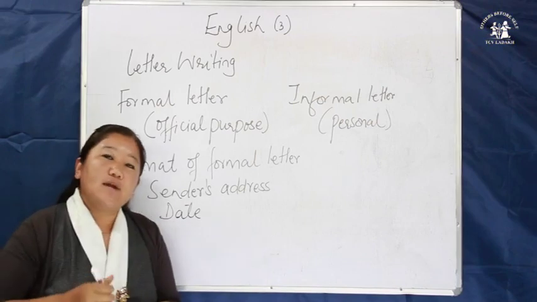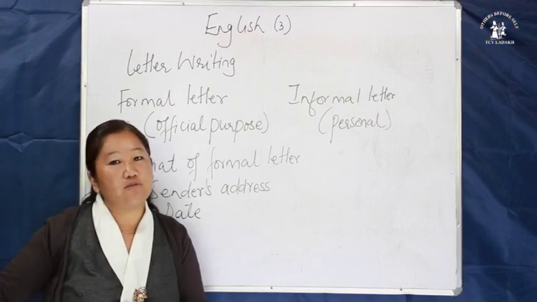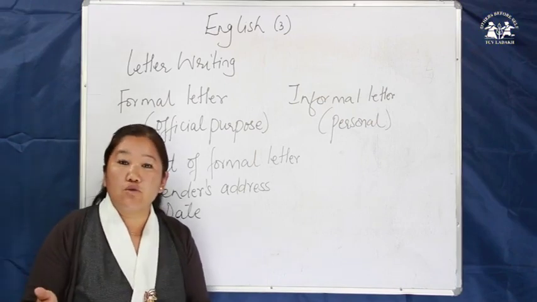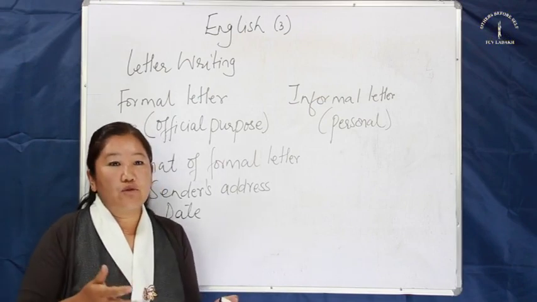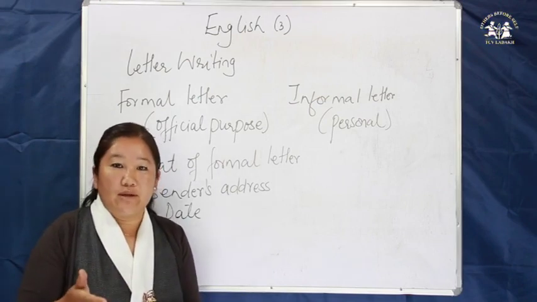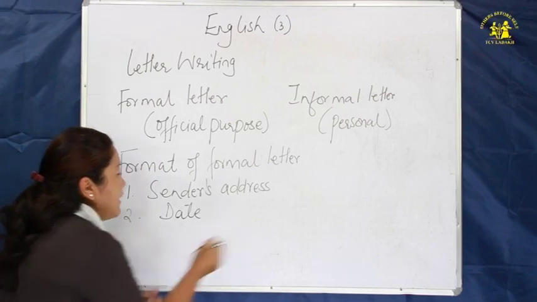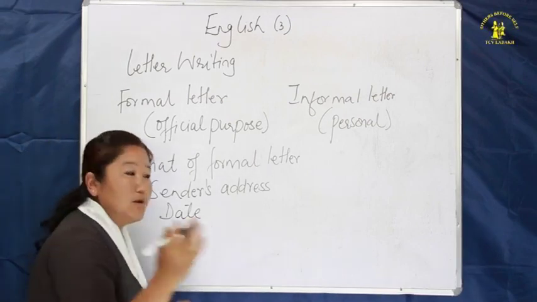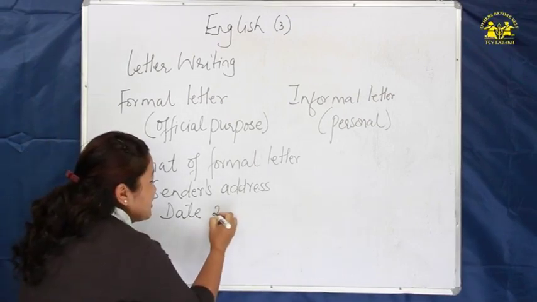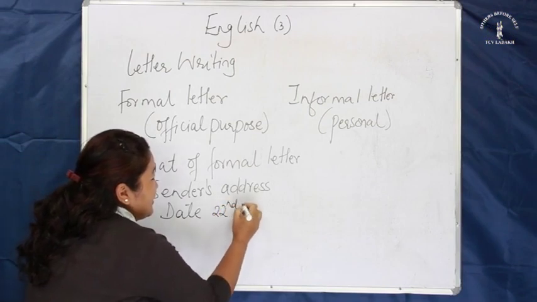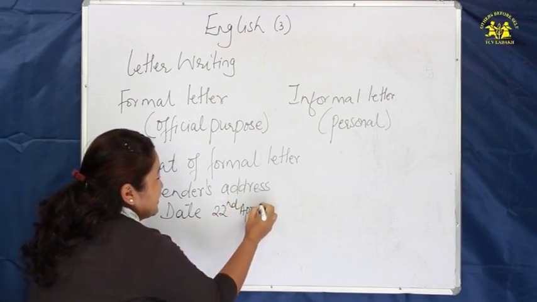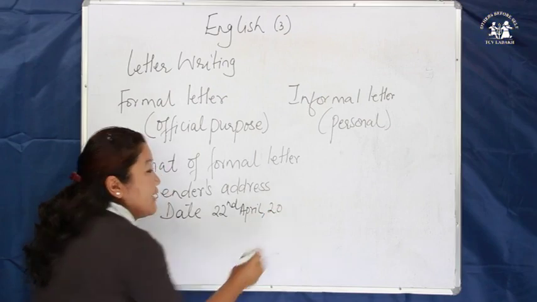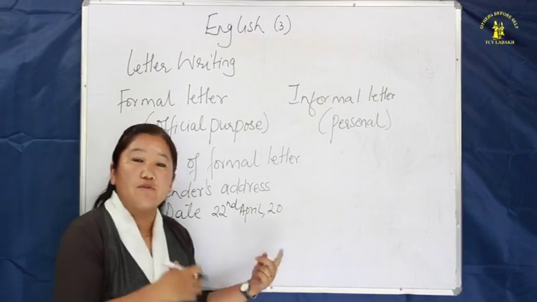Now when you write a date, there are different ways of writing a date. There are some who use numerals, and some who use words for the month. Suppose 22nd April, comma, 2020. This is one way of writing the date.